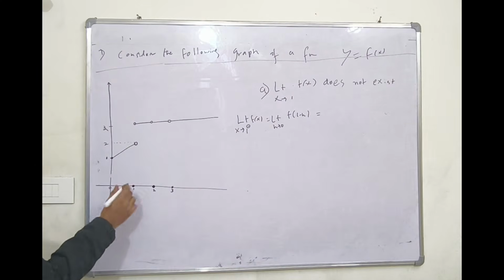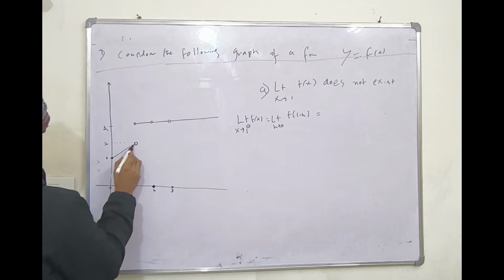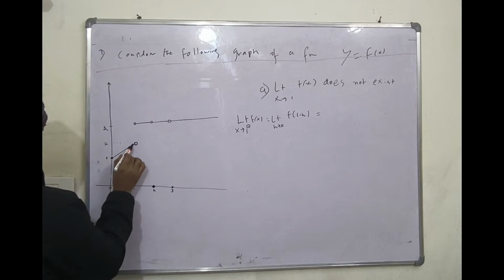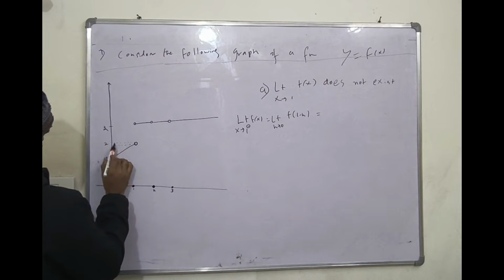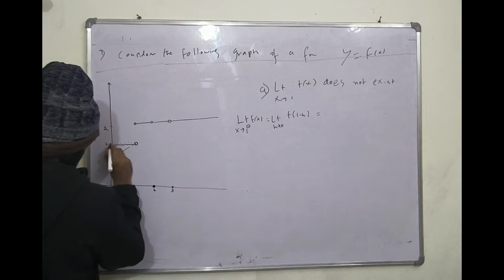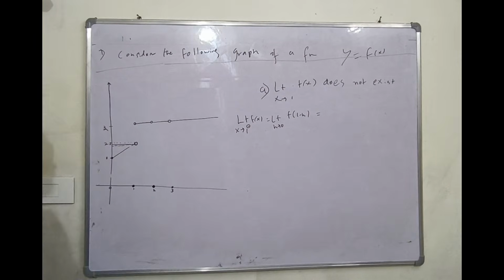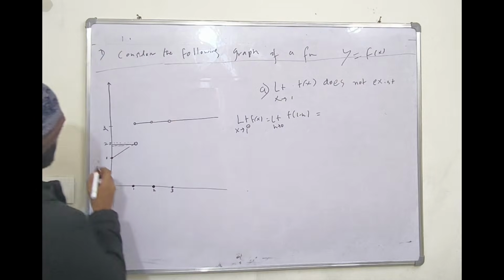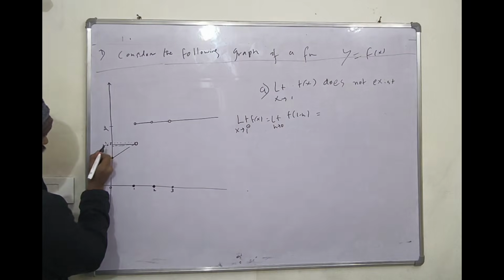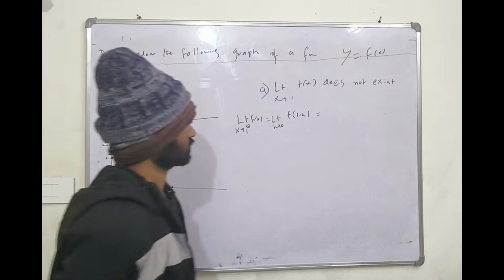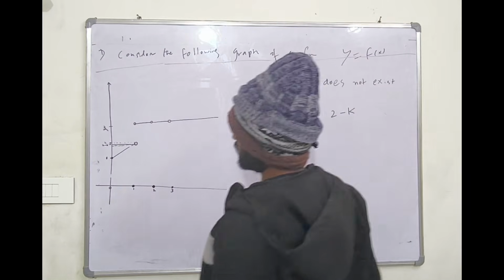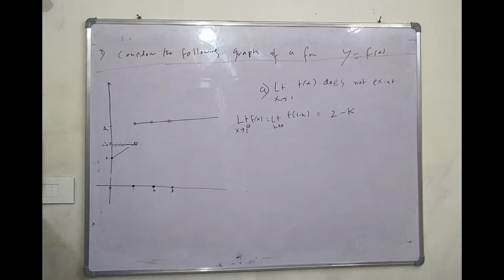If you see the graph now, at 1 minus h the value is tending to 2, just less than 2. So we can write this as 2 minus k, and k is very small since it is a continuous function.